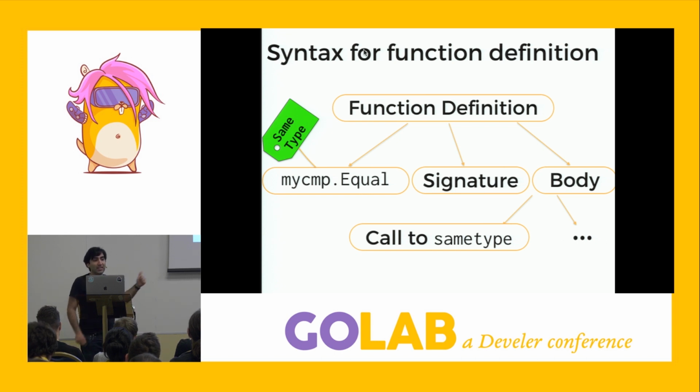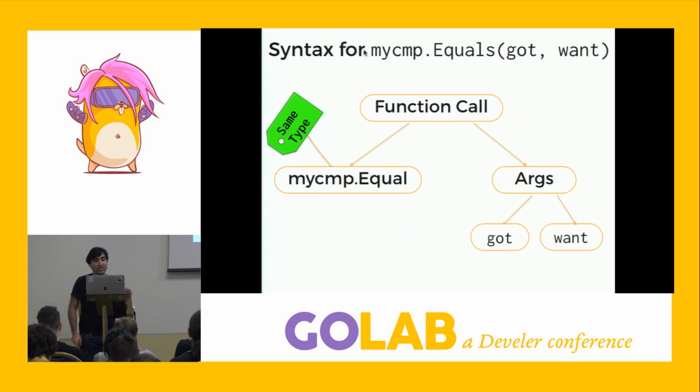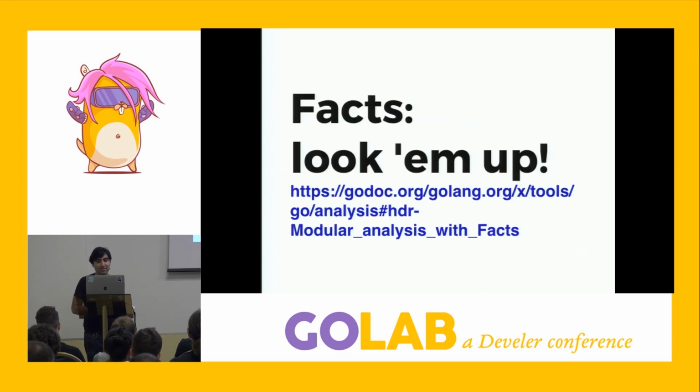It's a tag that we can attach to parts of our code. This tag is going to be visible to us later when we're checking the call to myComp.equals. So instead of checking the name, which was hard-coded before, we will check to see if this fact, this tag, is present. And if it is, then we know that we should check the arguments to see that they have the same type.